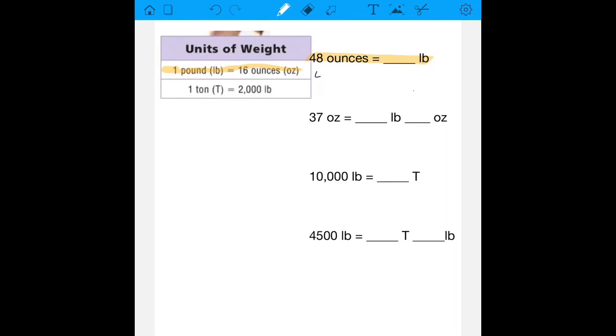So in this case, I want to do 48 ounces divided by 16, because there are 16 ounces in a pound, and that is going to equal 3. So I know that 48 ounces really equals 3 pounds.